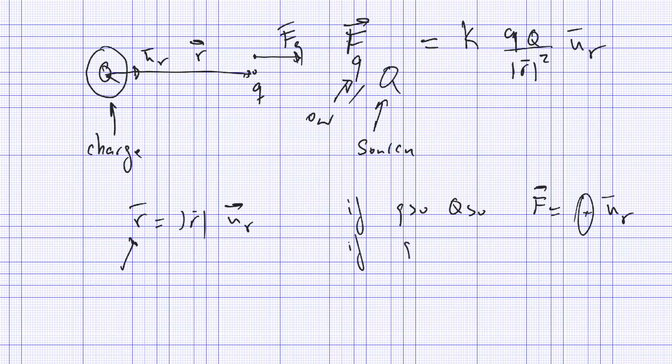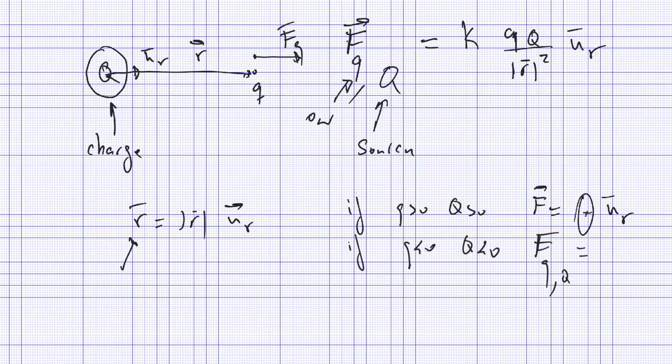If q is negative and Q is negative, the force acting on q due to Q will be proportional to the product of the charges, but negative times negative will be positive.